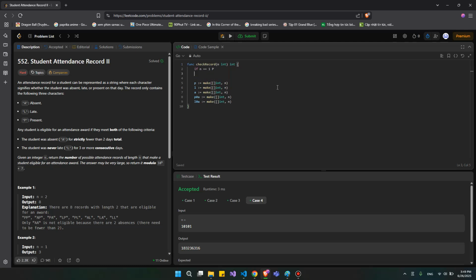If it is one we need to return, for this we need to define the base case to one, to 0 to 1.